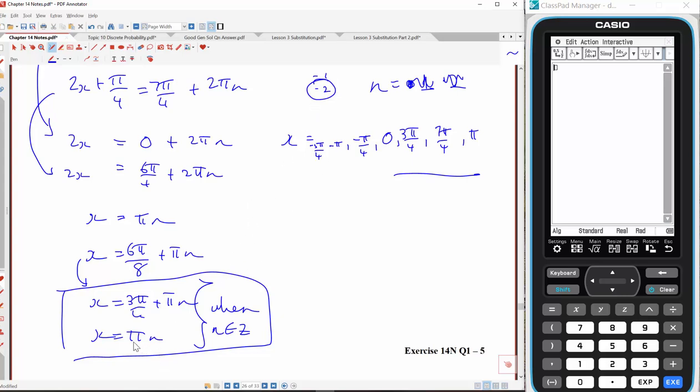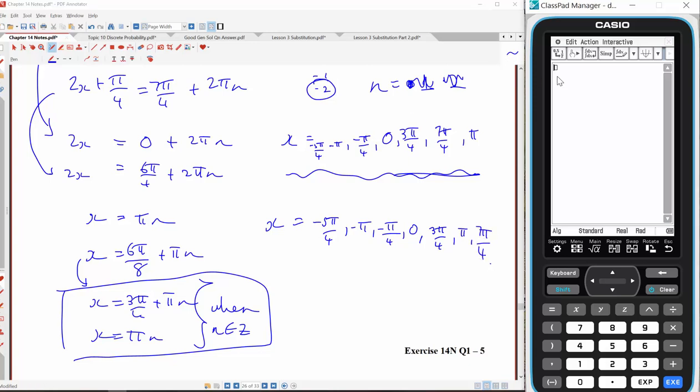Here n is equal to negative 2 will be negative 2 pi, which is an out of domain solution. So here are all of my solutions. Now let's write them in order: negative 5 pi on 4, negative pi, negative pi on 4, 0, 3 pi on 4, pi, and 7 pi on 4.